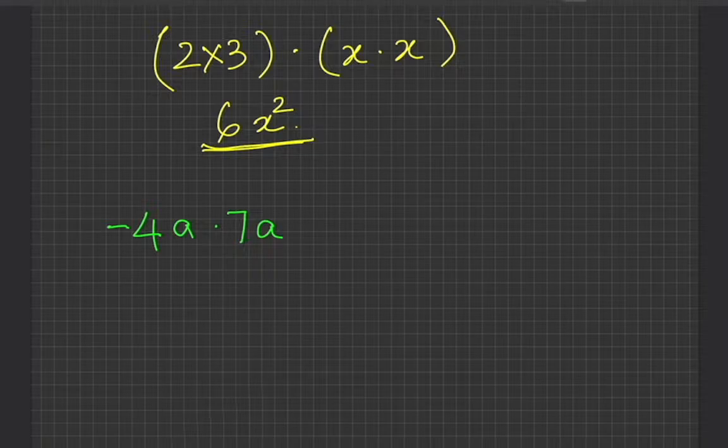So the product of the numerical coefficients is negative 4 times 7, times a times a. So negative 4, let's understand a little bit about the rules of signs here.